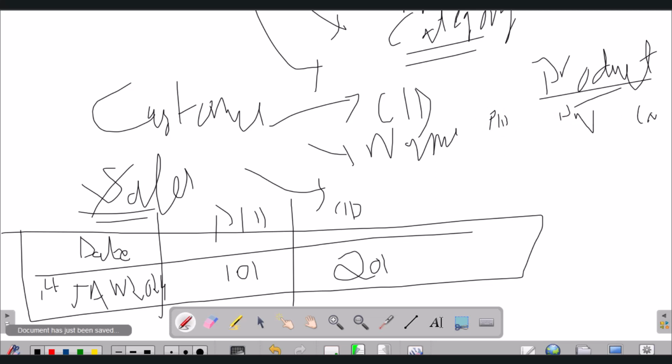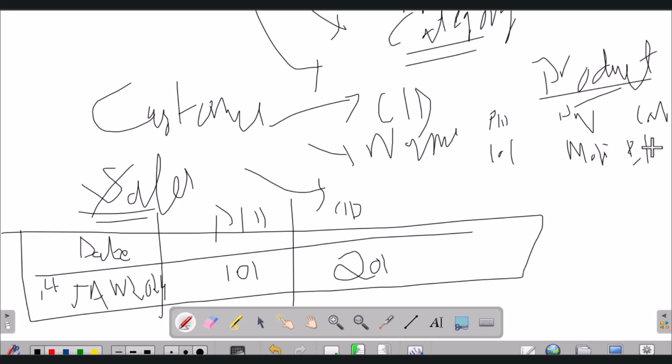Let's suppose you took 101. That is a mobile or iPhone or something, which comes under the electronics category. For the customer dimension table, we have customer ID, customer name, and region, like which country it is.